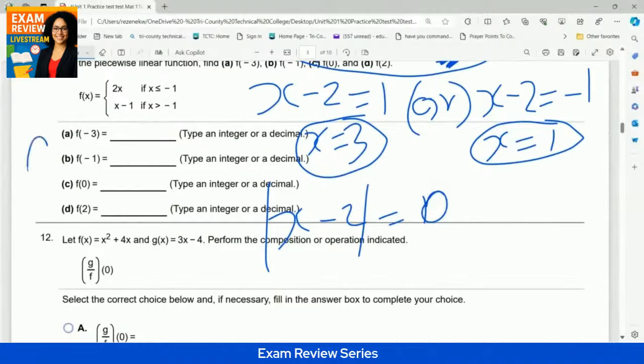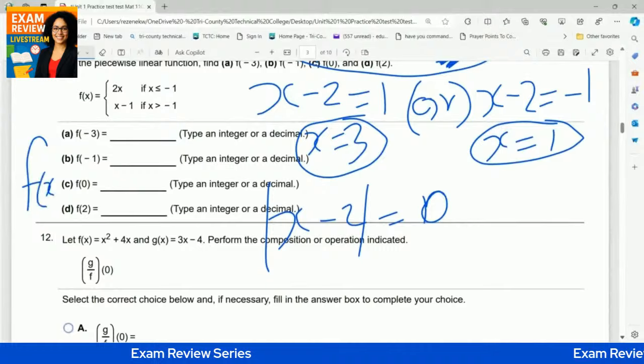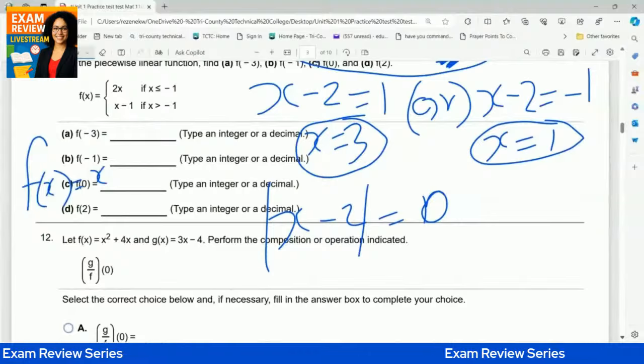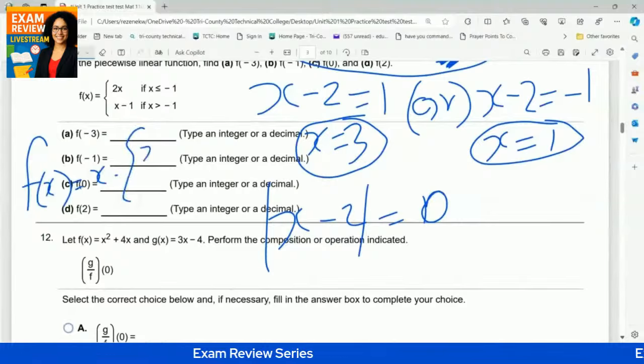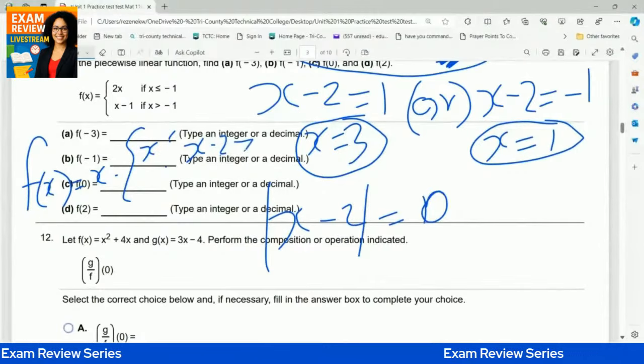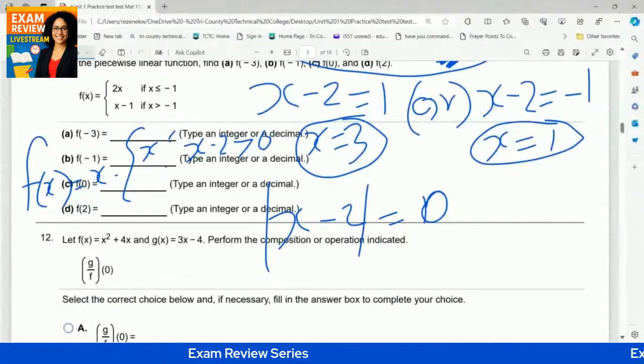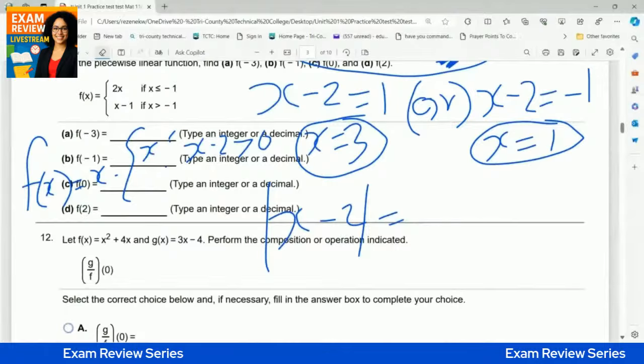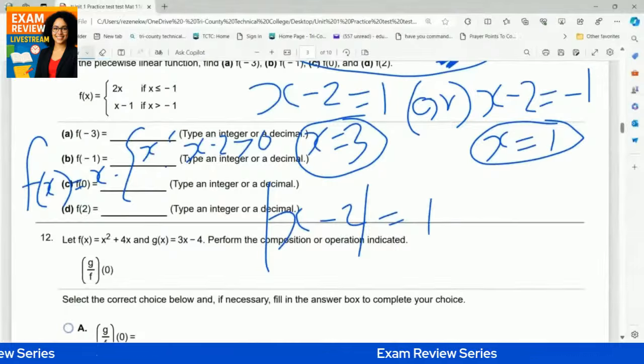I will say f of x is equal to, I will put braces, x such that x minus 2 is greater than the number on the right. If it's 0, I'll put 0 there. You know what? Let me put 1 there. That way, it's greater than 1.